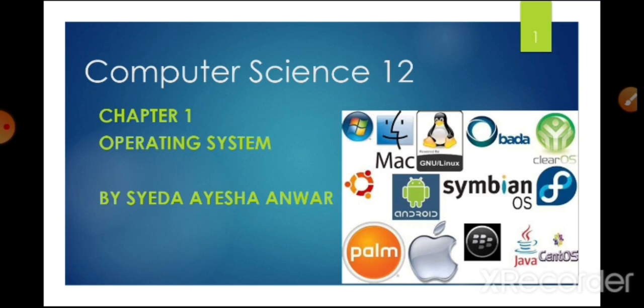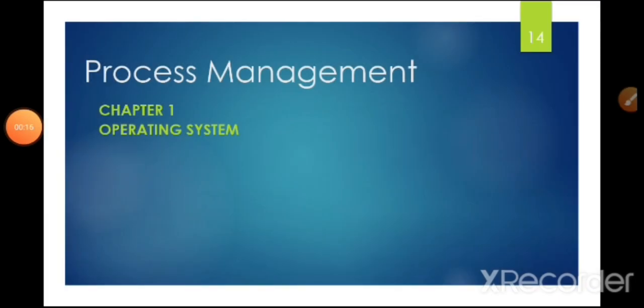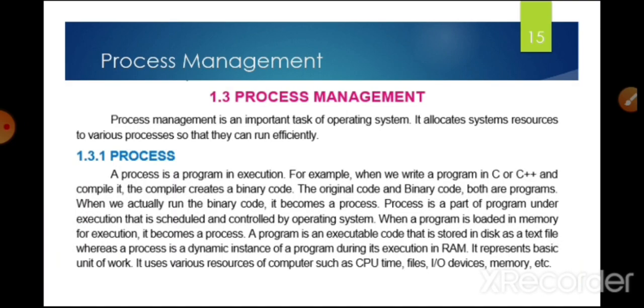Today we are going to start a new portion of a chapter which is about process management. Process management is an important part of an operating system, and we have already discussed it when we studied operating system functions. Now we are going to discuss process management in detail. We know that a process is a program that is under execution at a particular time.